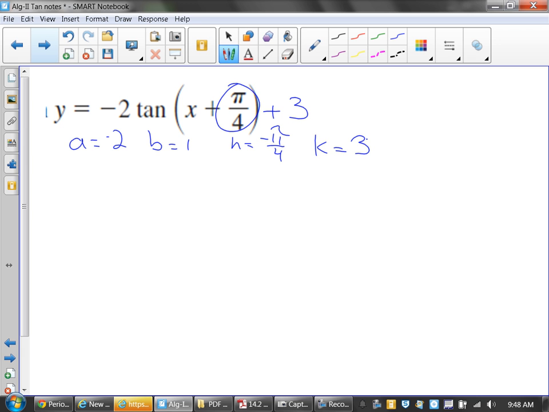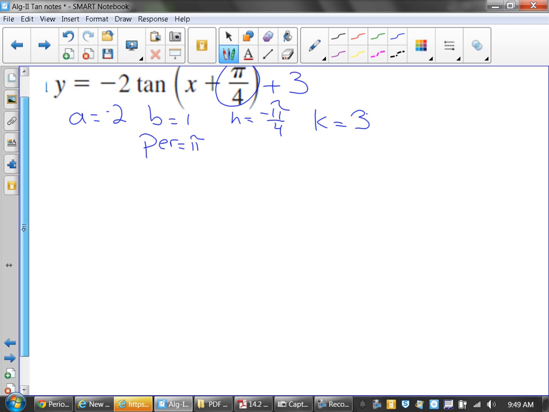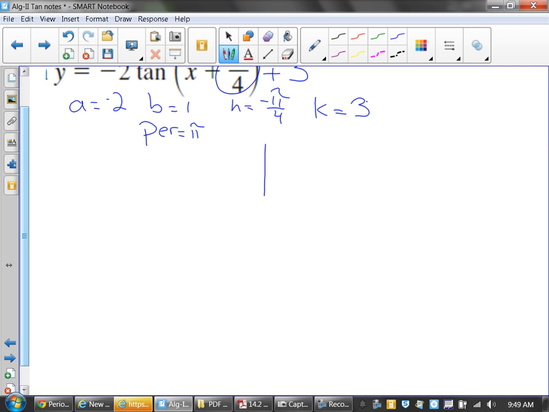Everybody okay with that? All right. Our B value is 1, so what is our period going to wind up being for this? Just plain old boring pi. So we know that the period is pi, which means where will my asymptotes be placed for the parent function? Good. Plus and minus pi/2. Very good.